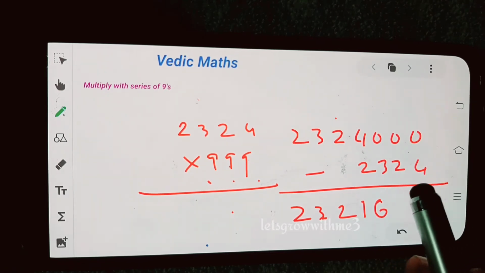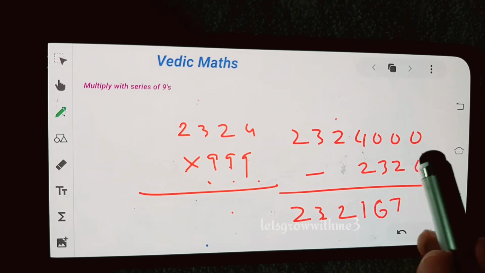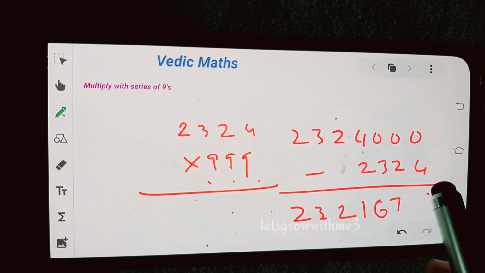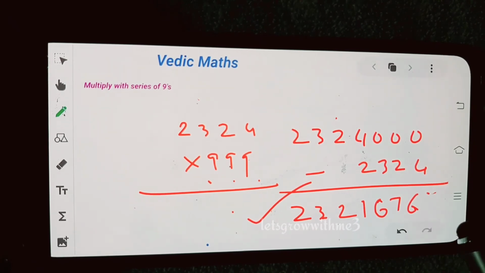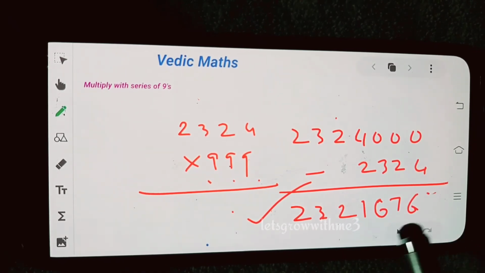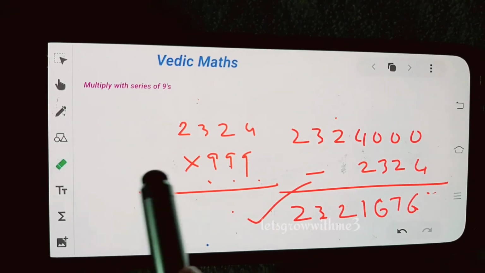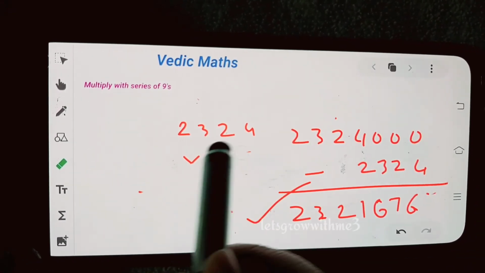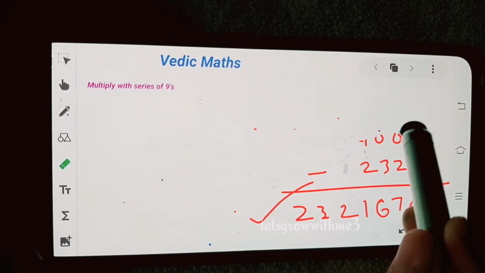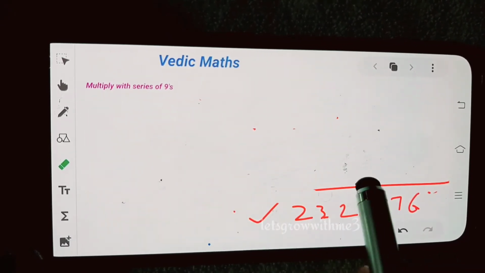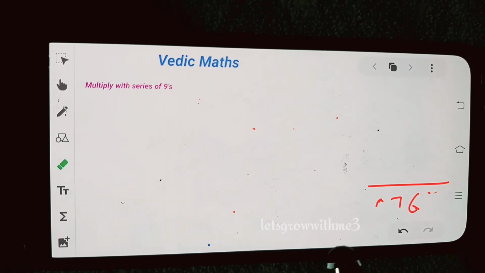And then we have 0 plus 6, we need to write as it is, 6. Okay, so that's our answer, 2321676. Okay, let's see our next example.